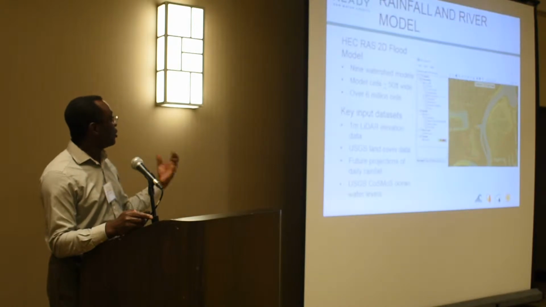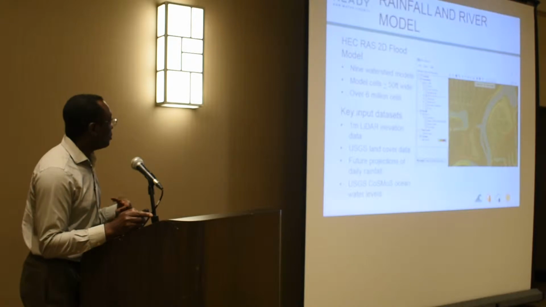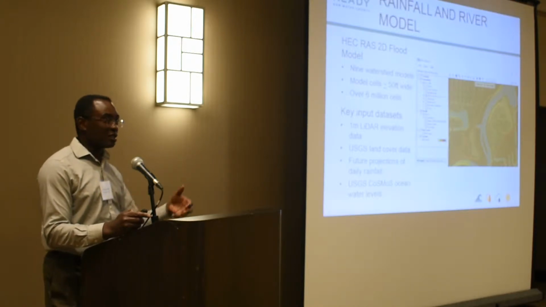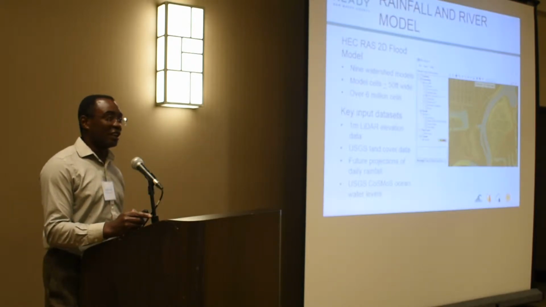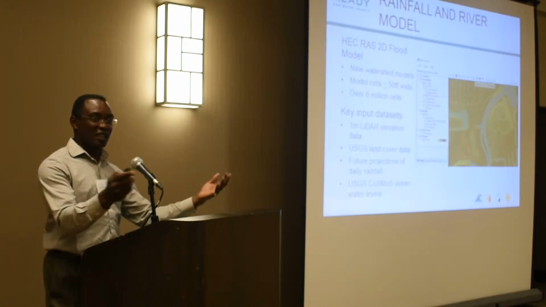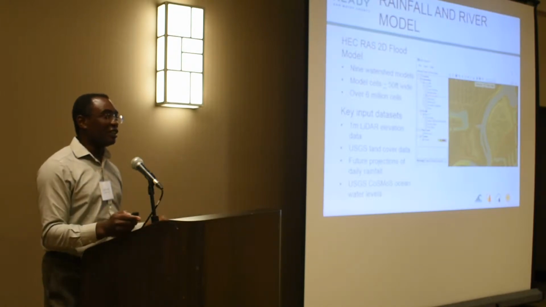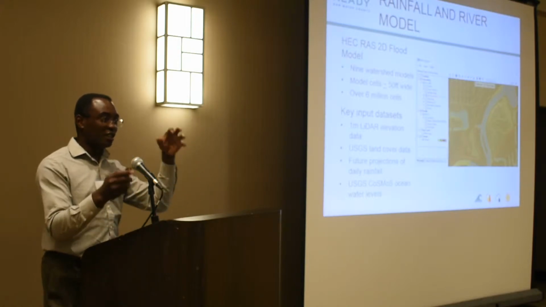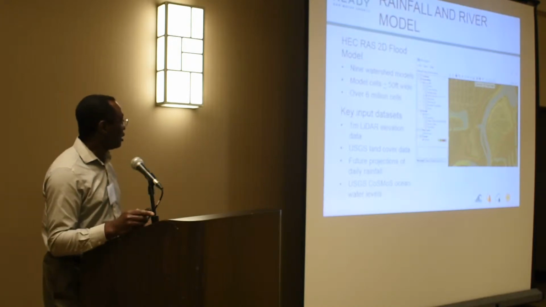The approach we've taken to understand that is to develop a model using a RAS model, which some of you may be familiar with. I'm not going to go into the specifics, but the basic idea is that for every cell, which is about the size of this room in the county, we move water from the space where the rain falls along through the river systems out to the ocean outlet.